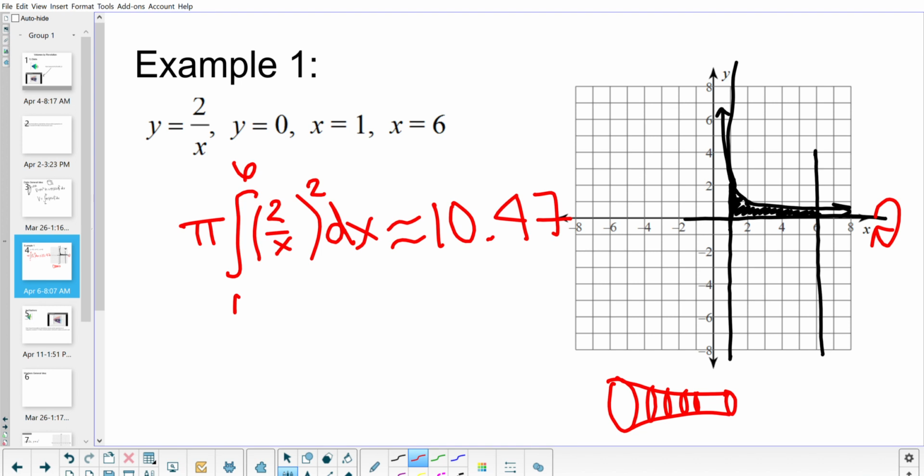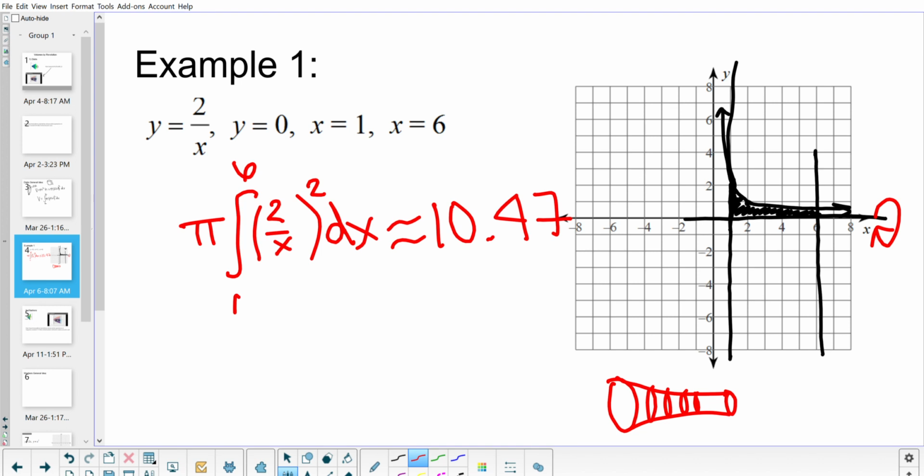Okay, however, I'm going to change things up a little bit. It's not always going to be a disk. What if the area isn't like this one? You see how the area here is snug up against the x-axis? Well, if it's snug against the x-axis, it's going to create a disk, right?